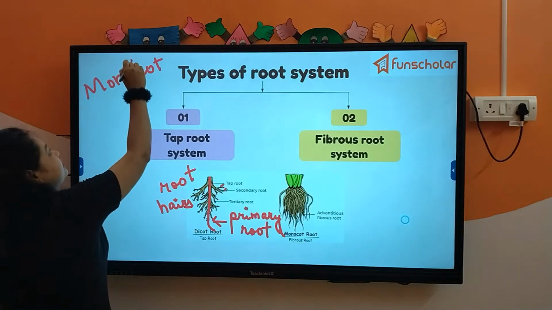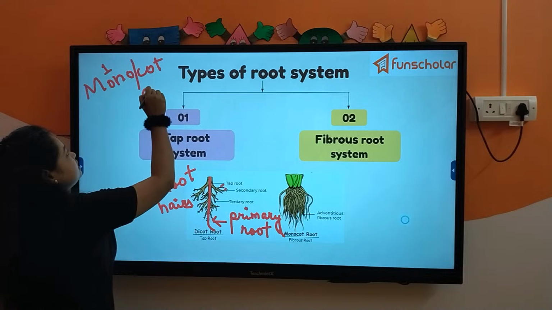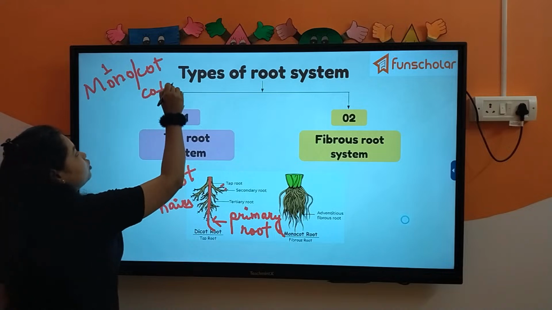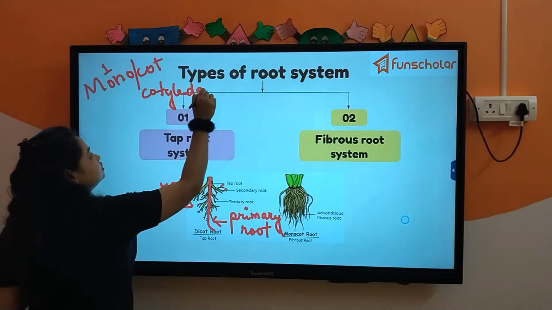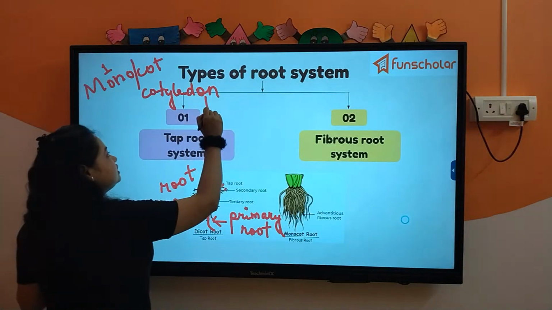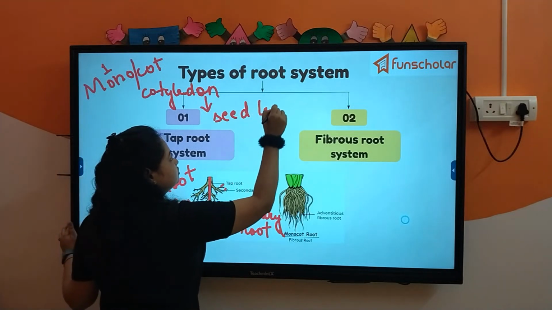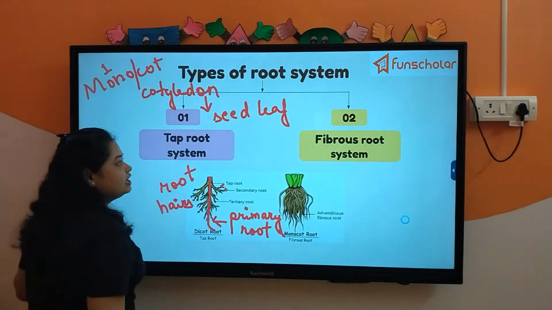right? Now, if I divide the term, mono means one and cot has been derived from the word cotyledon. Cotyledon means seed leaf. What is seed leaf?